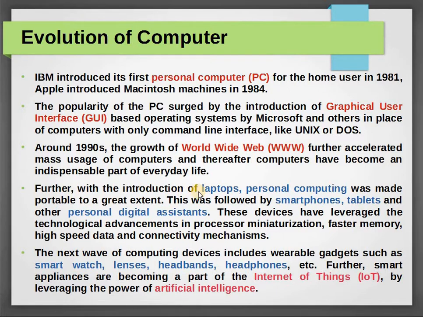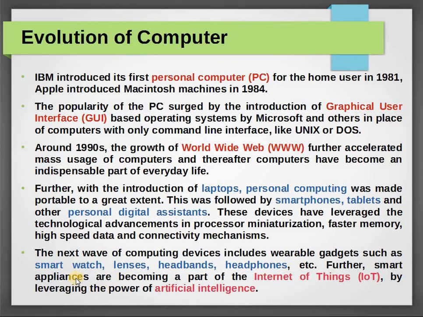Further, with the introduction of laptops, personal computing was made portable to a great extent, and this was followed by smartphones, tablets, and other personal digital assistants. These devices have leveraged the technological advancement in processor miniaturization, faster memory, high-speed data, and connectivity mechanisms. The next wave of computing devices includes wearable gadgets such as smartwatches, smart lenses, headbands, headphones, and many more.